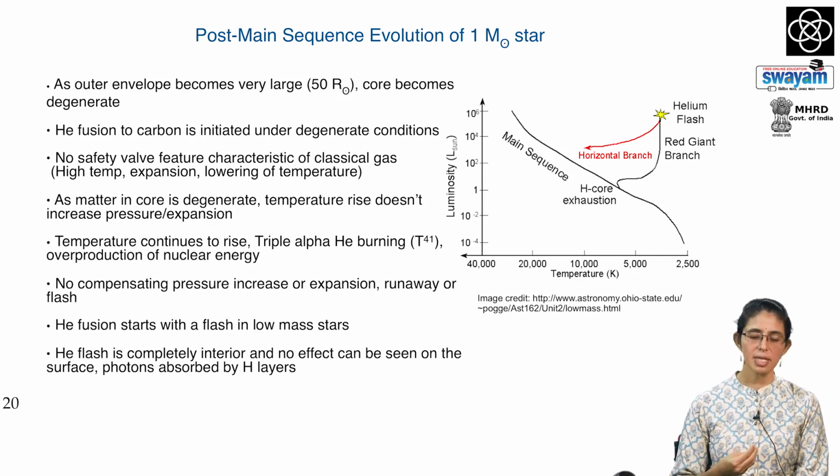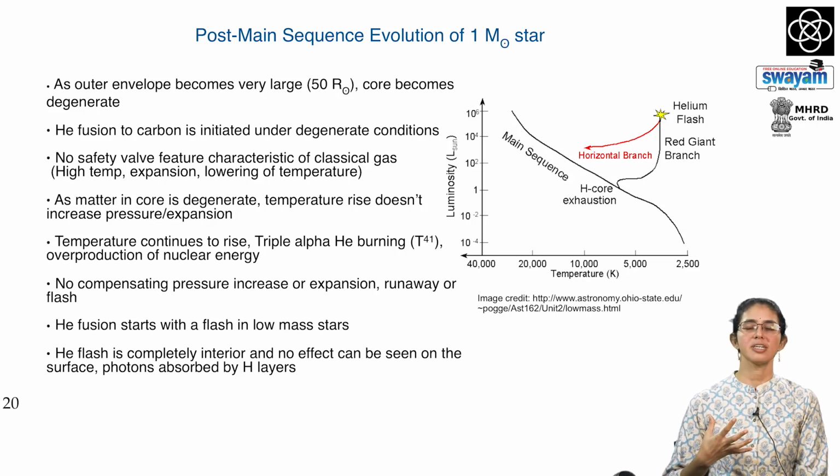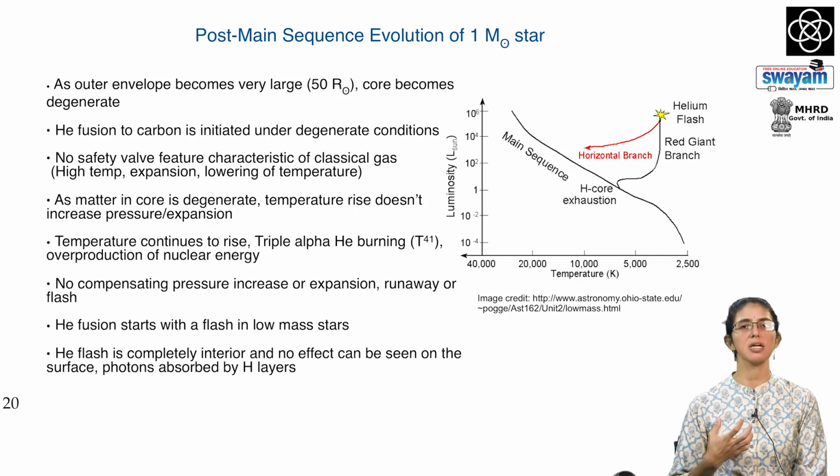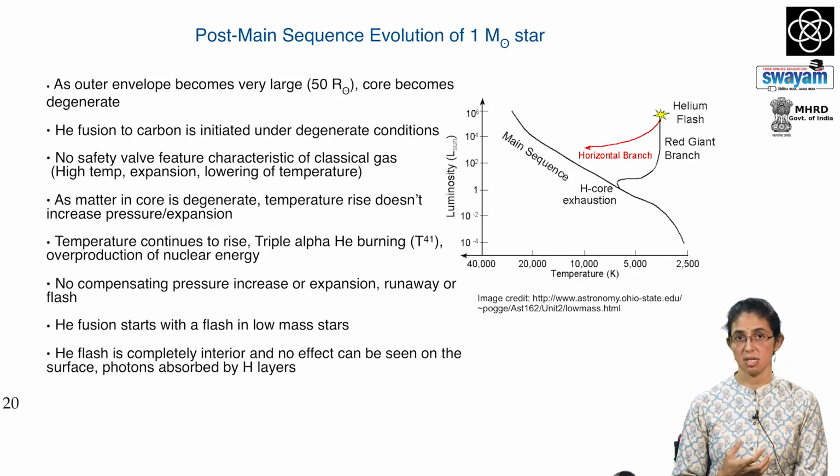So, the helium fusing to carbon and oxygen begins as a helium flash in low mass stars. However, this is a consequence of our understanding of the state of matter and how matter behaves under these conditions.